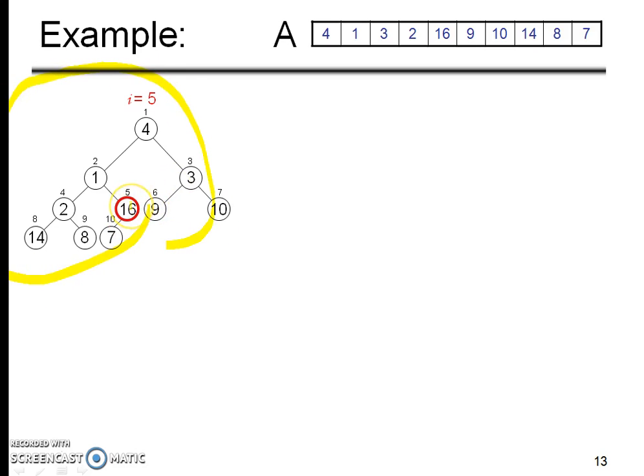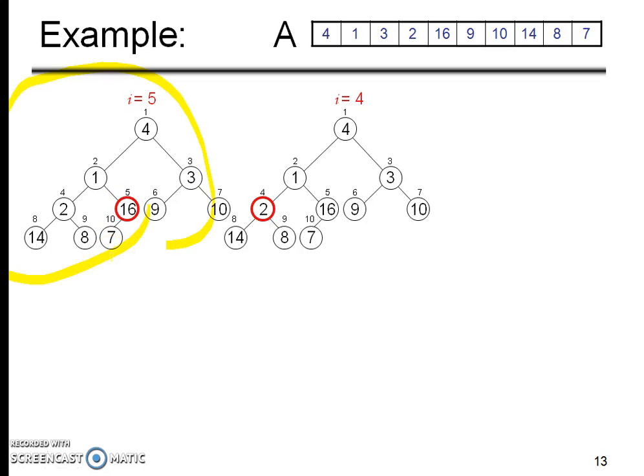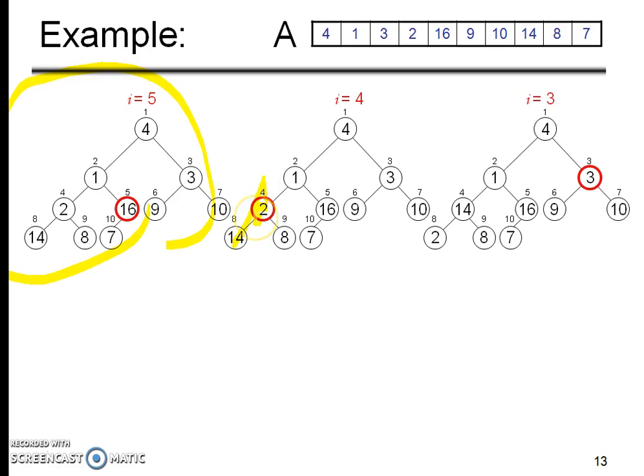So start with the n by 2 position, where i is equal to 5. So 16 is compared with 7, there is no change. Now decrement i, 2 is compared with its larger child 14, and since it is lesser, there is an exchange of 2 and 14.